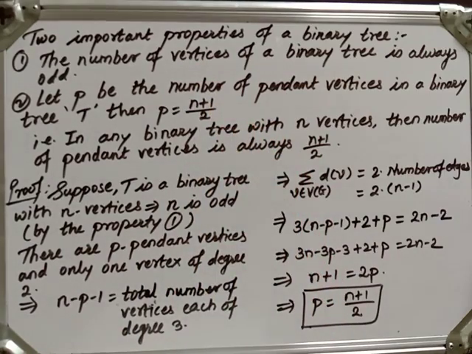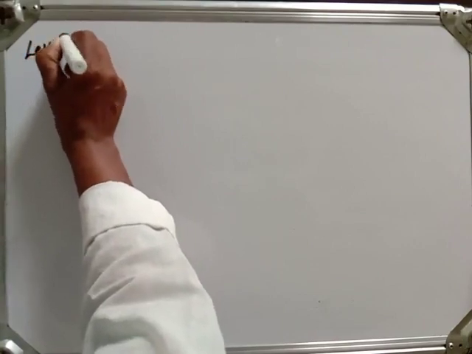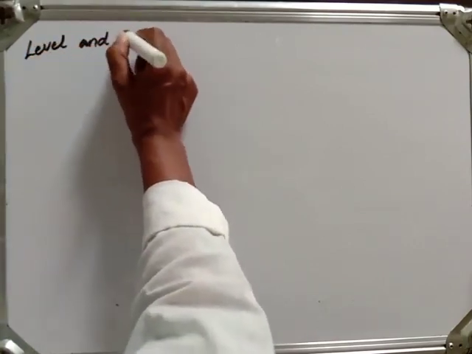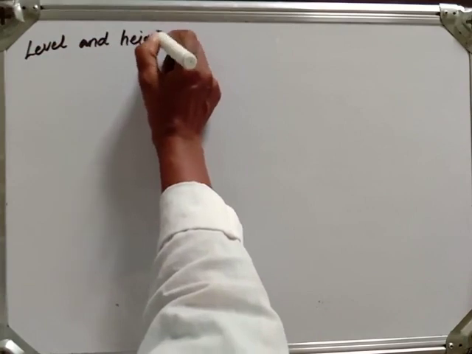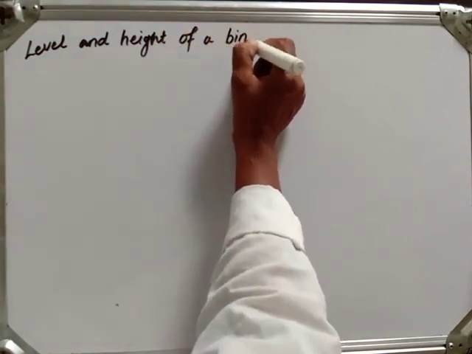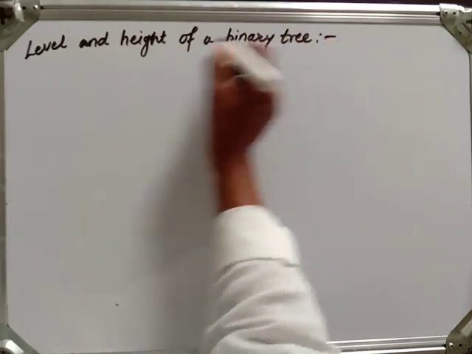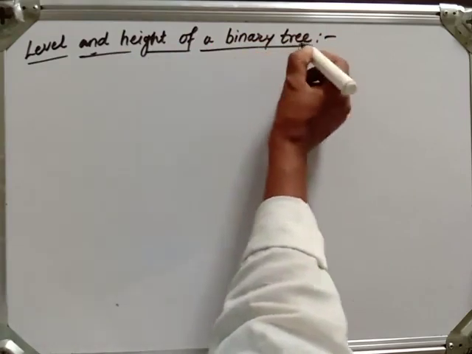Now let's see the definition of level and height of a binary tree.